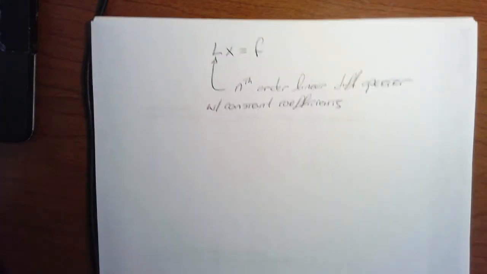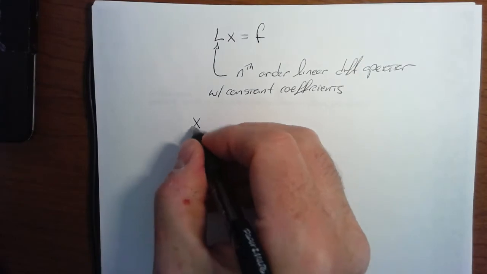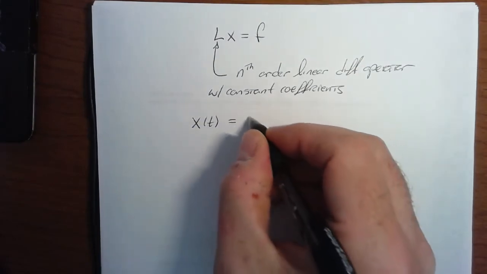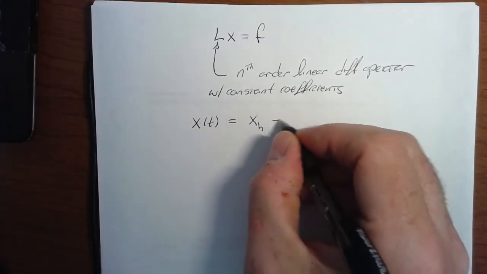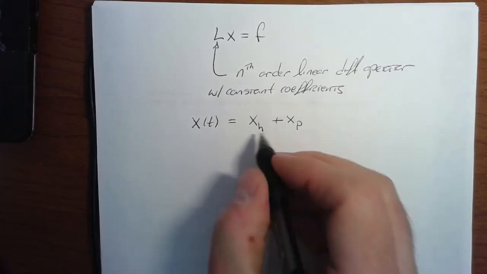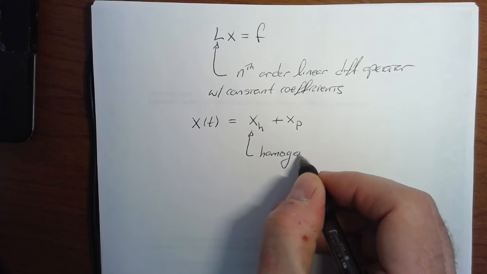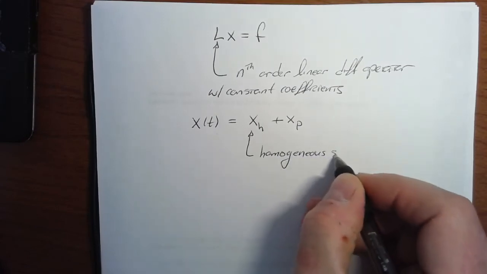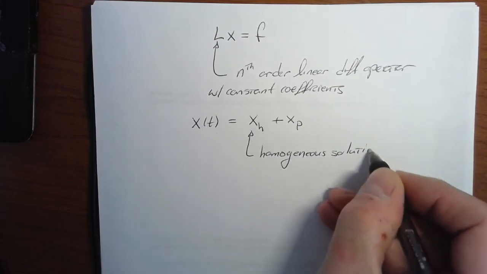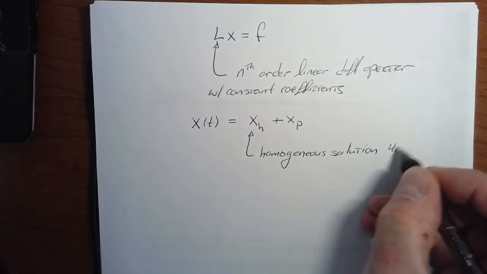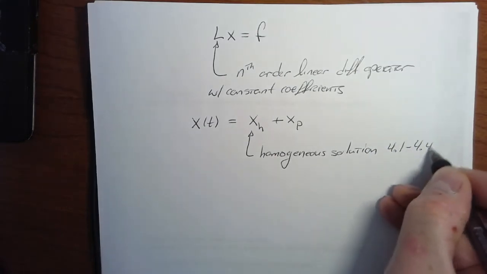All right. The solution to this is going to be made of two pieces, an x sub h and an x sub p. This is the homogeneous solution. This is what we've been doing in 4.1 to 4.4.